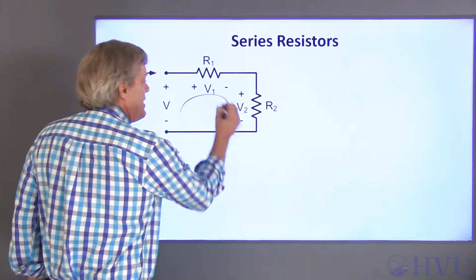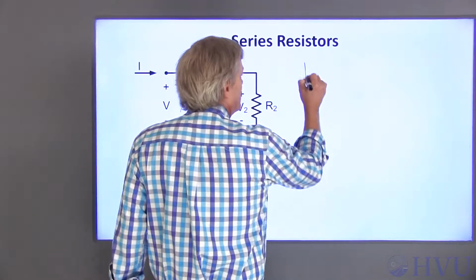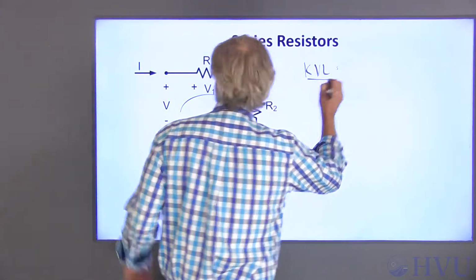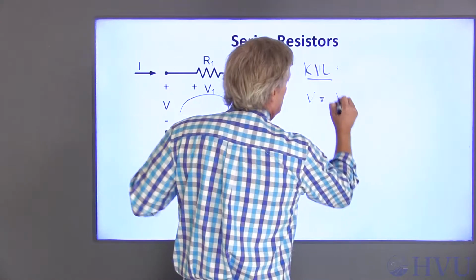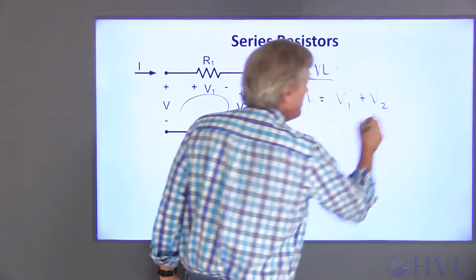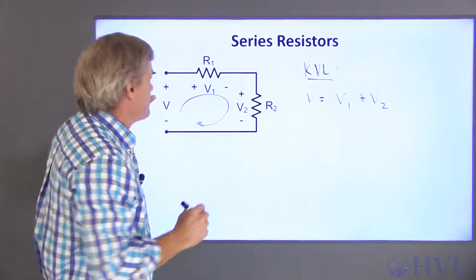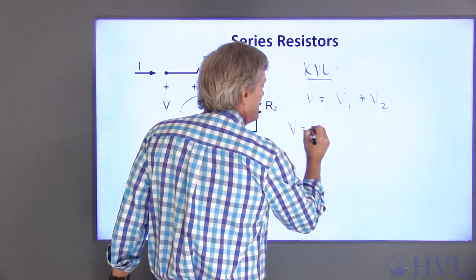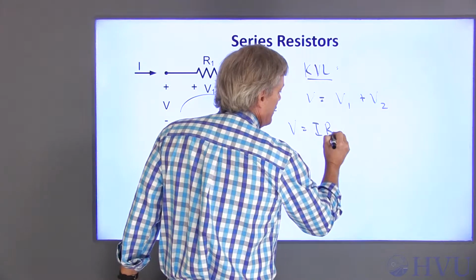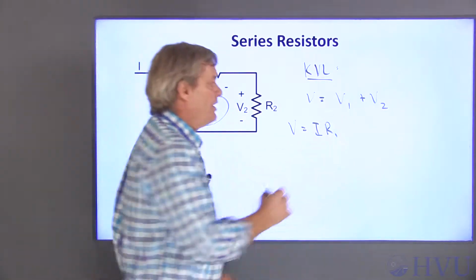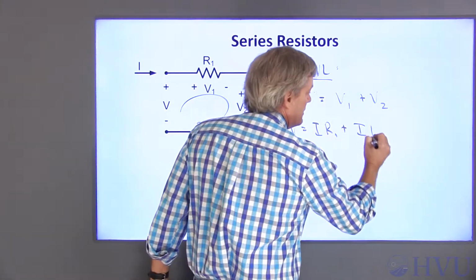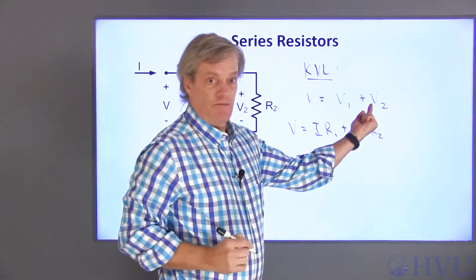If I do KVL around this loop, I can find that V is equal to V1 plus V2. Now if I use Ohm's law to write V1 and V2 in terms of I, I get V is equal to I times R1, the voltage V1, plus I times R2, which is the voltage V2.